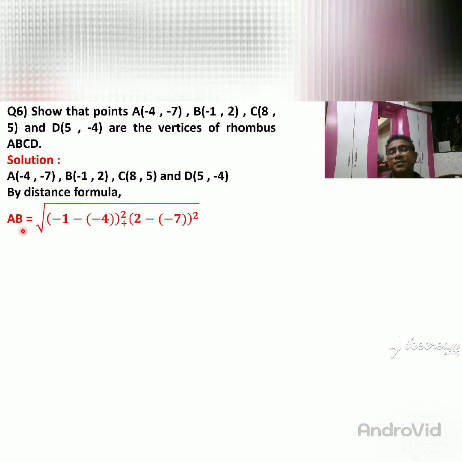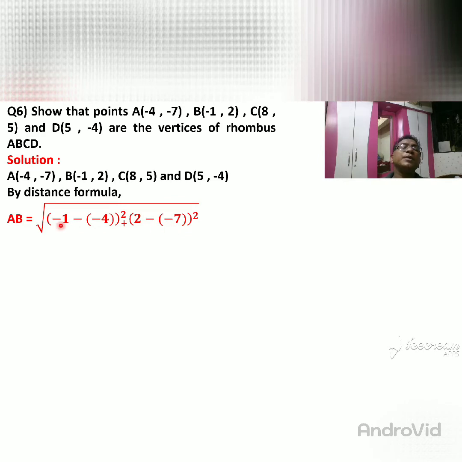So distance AB is equal to x2 minus x1, so x2 is minus 1, minus x1 which is minus 4. So I write here minus 4. Then y2 is 2 minus y1 which is minus 7, so 2 minus in bracket minus 7.